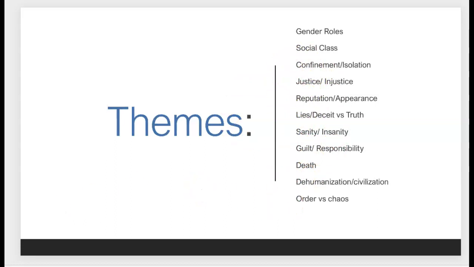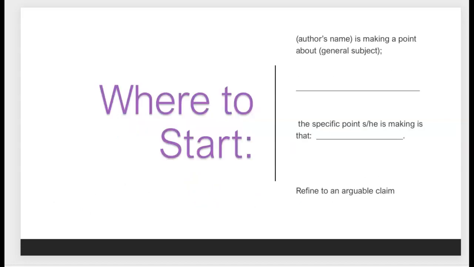So where do we start? Once we've picked our theme, Agatha Christie is making a point about death. Because with this novel, when I'm making all of those PowerPoints and putting in all these pictures of the various victims, I feel very morbid, but she is making a point about death.